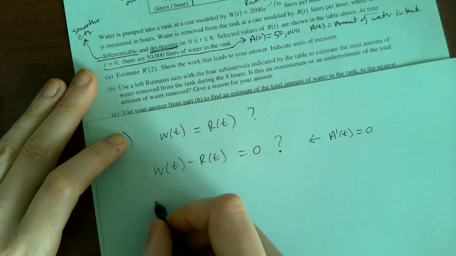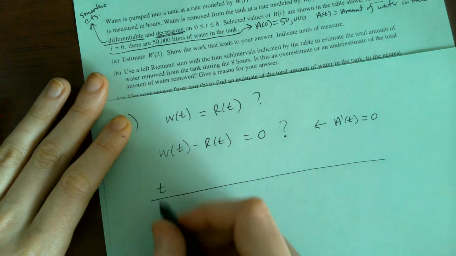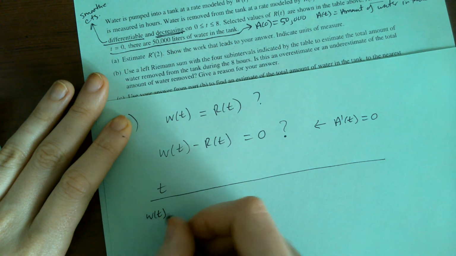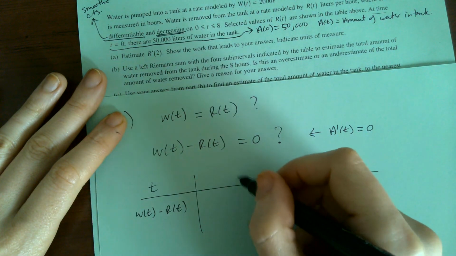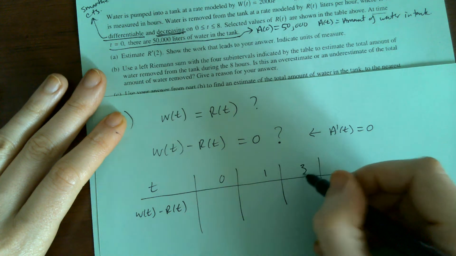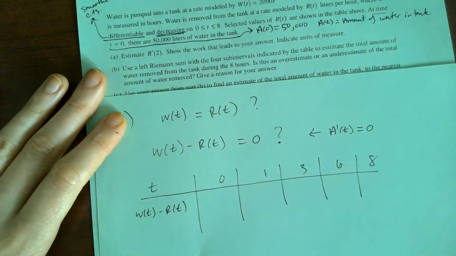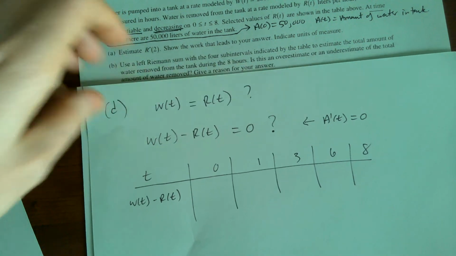So I'm going to do a little table here. This is T, and then down here I'll do W of T minus R of T. All right, so 0, 1, 3, 6, and 8. Okay, guys, so go ahead of me, or if you want to give this a shot.